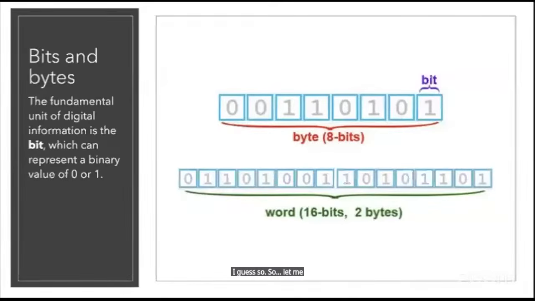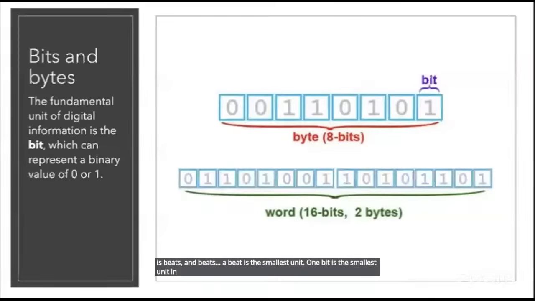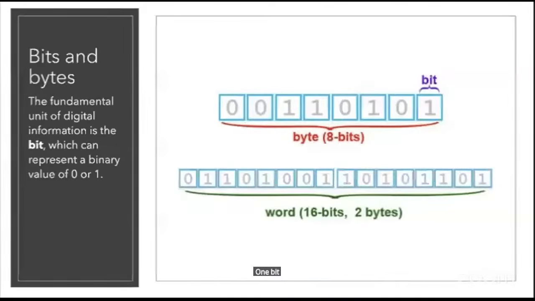The SI unit of measurement of data is bits. And a bit is the smallest unit in computing. 1 bit represents a single binary value, whereas a byte comprises 8 bits.